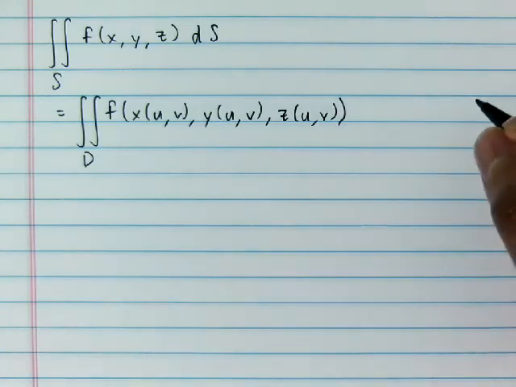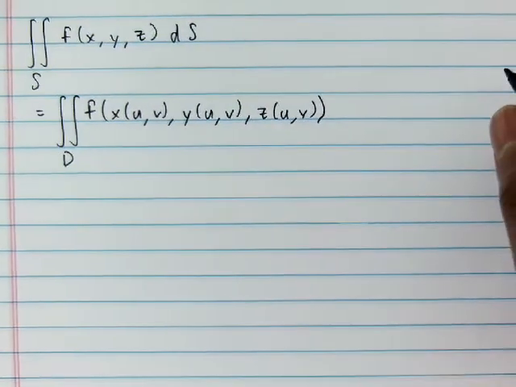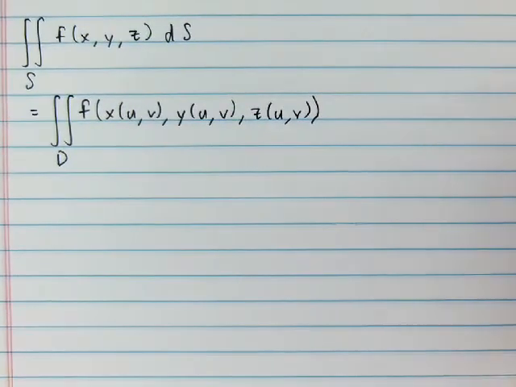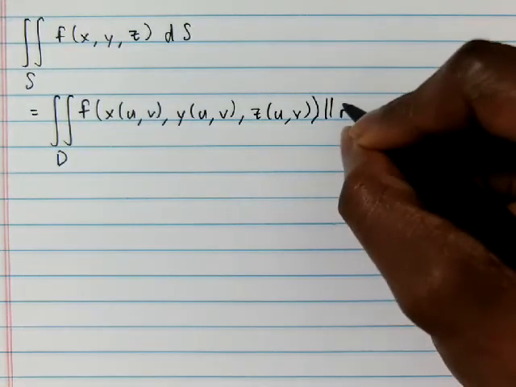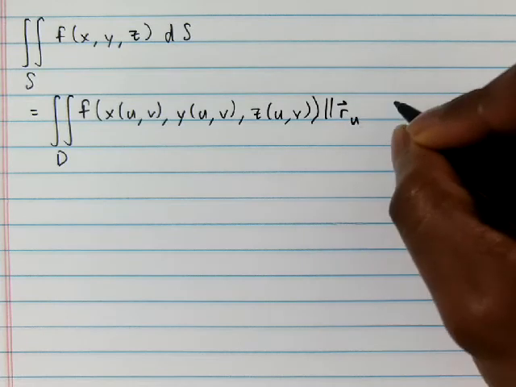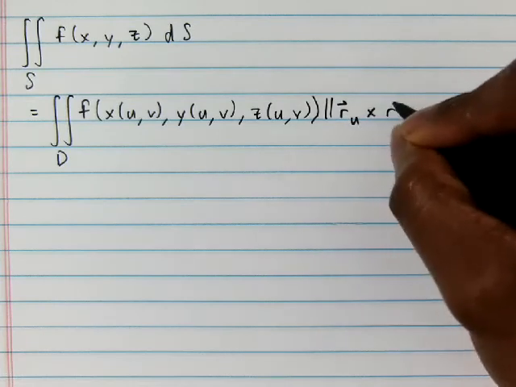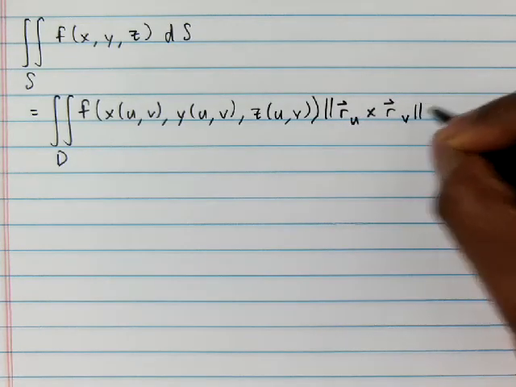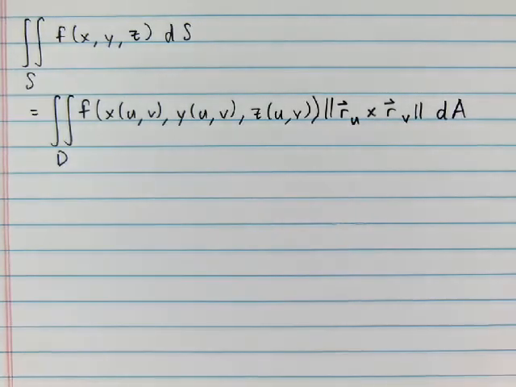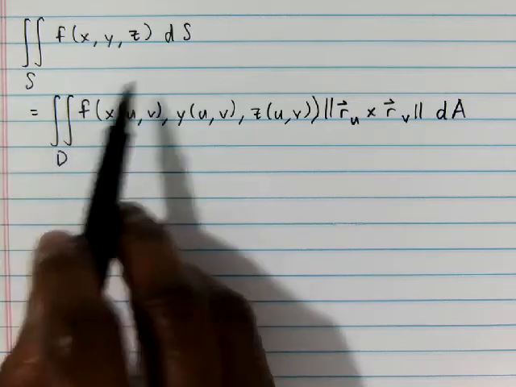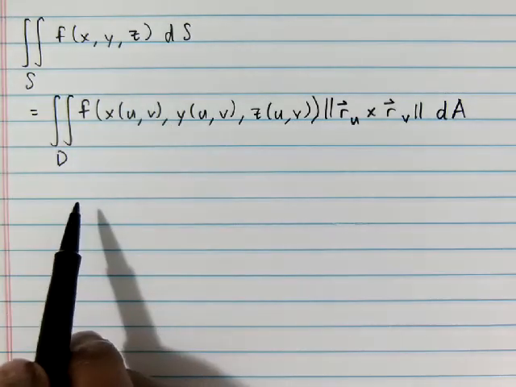And then we multiply that by the magnitude of the cross product, so the magnitude of r sub u cross r sub v dA. So in order to evaluate this surface integral, it boils down to us just evaluating a double integral.